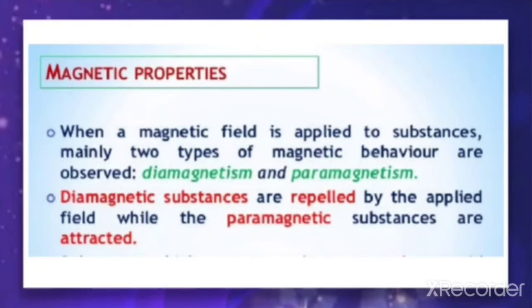Magnetic properties. When a magnetic field is applied to a substance, mainly two types of magnetic behavior are observed, that is diamagnetism and paramagnetism.